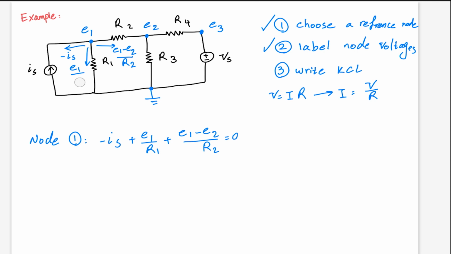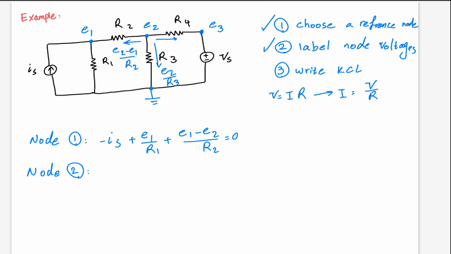And we will do the same procedure for each node. Let me clear these parts. Okay. For node 2, we will have the same procedure. This current, we can write as E2 minus E1 over R2. This current, we can write as E2 over R3.